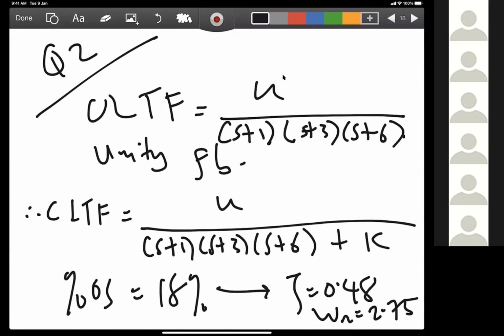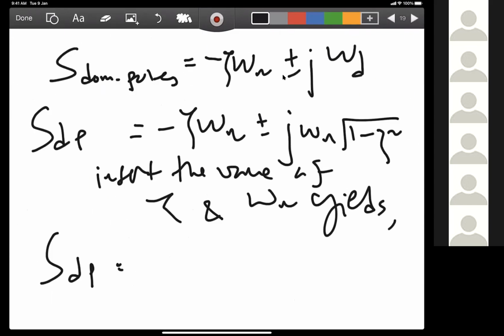Zeta omega n is 0.48 multiplied by 2.75, with a minus sign. Correct. Omega d, put in the omega n value and zeta, so you will get 2.48.